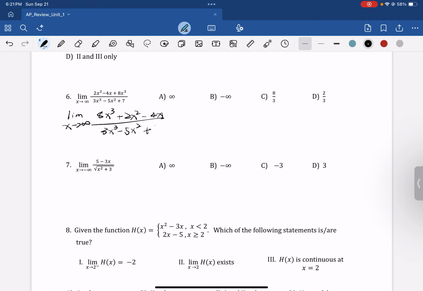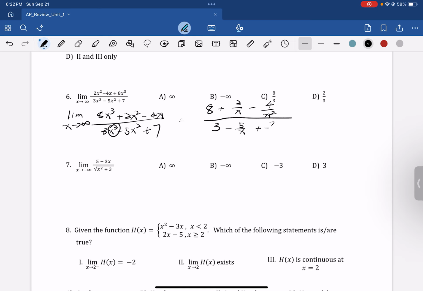Alright, so for this one, what we have to do is divide by x cubed, which is the highest degree term in the denominator, and what we got is 8 plus 2 over x minus 4 over x squared, over 3 minus 5 over x plus 7 over x squared.